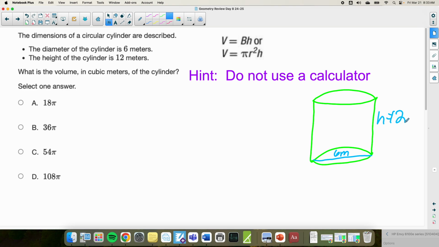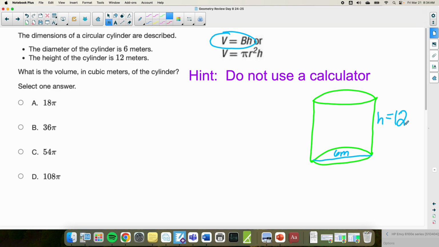Okay. When you do volume of a cylinder or volume of a prism, that's when it's capital B, which is area of your base times your height. Okay. It's when you do the cone or the pyramid that you have the 1/3 in there.